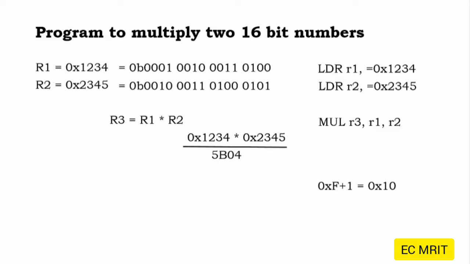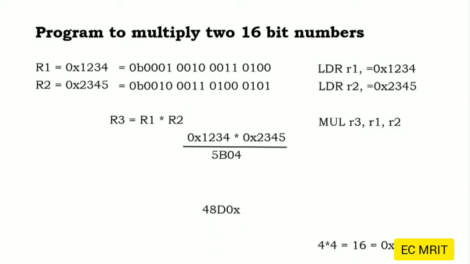So we'll keep 0 and take a carry 1. Now we'll multiply 5 into 2, that is 10, which is equivalent to A in hexadecimal. But we have got 1 carry from the previous multiplication, so A plus 1 is equal to B. Similarly, 5 into 1 is 5. That's why we got 5B04.